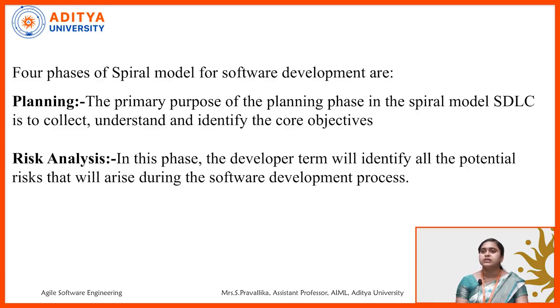In this phase, the developer team identifies all potential risks that may arise during the software development process. What possibility of risk can we expect, or what percentage of risk might we encounter? The development team identifies the potentiality of risk in the risk analysis phase.